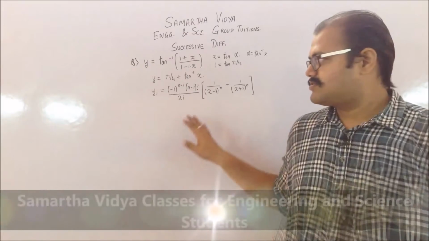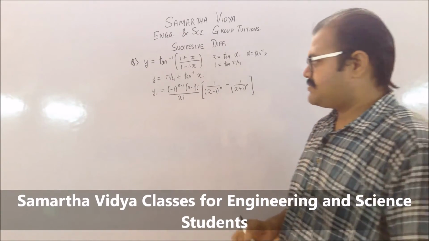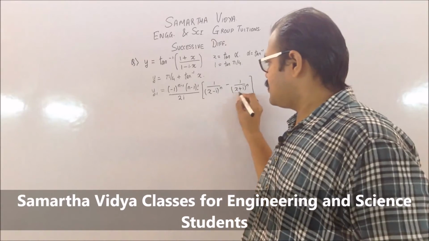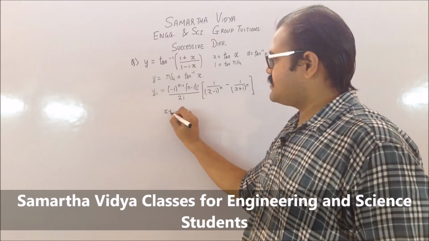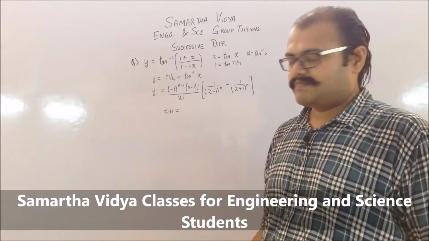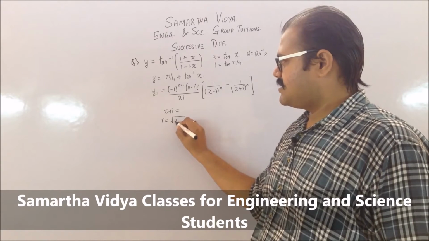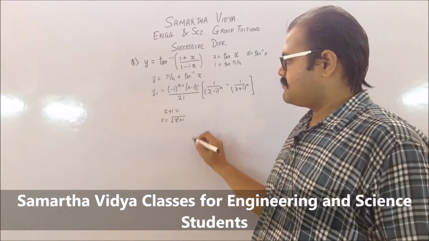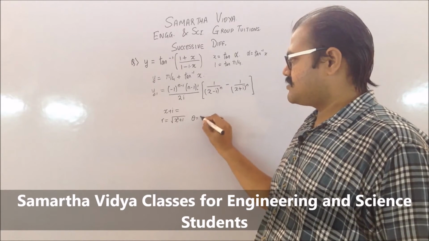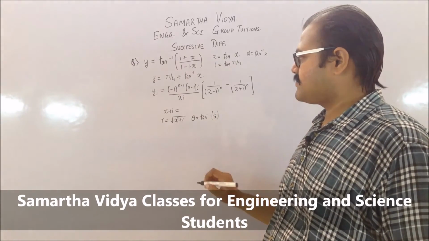So we will be trying to solve this particular complex term, to simplify it. What you need to undertake is, let us take this complex number, that is x plus i. We need to convert it into the polar form. From this you will be getting your r term, which is going to be root of x square plus 1, and your theta, which is going to be tan inverse of 1 by x.